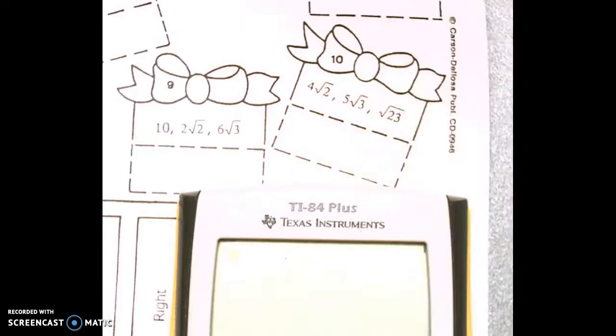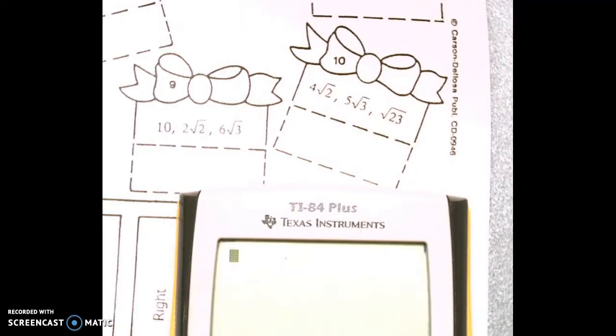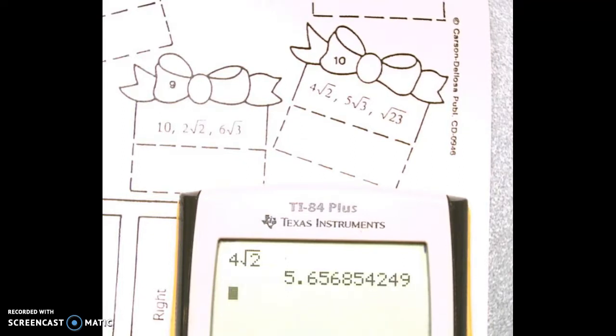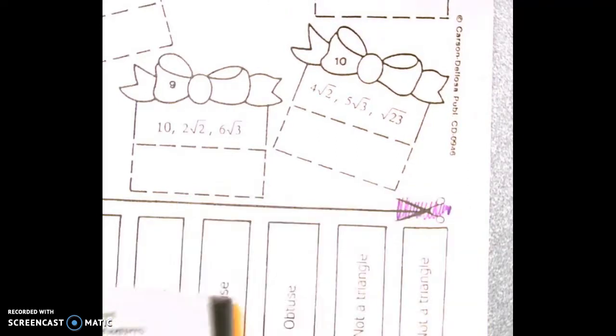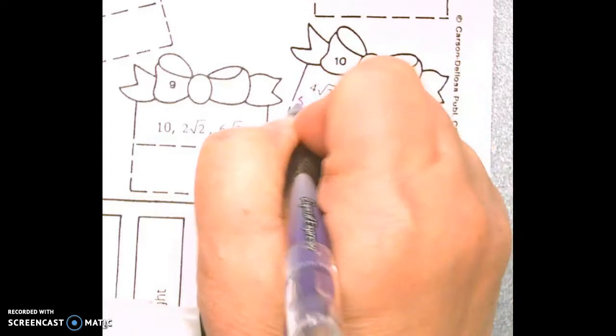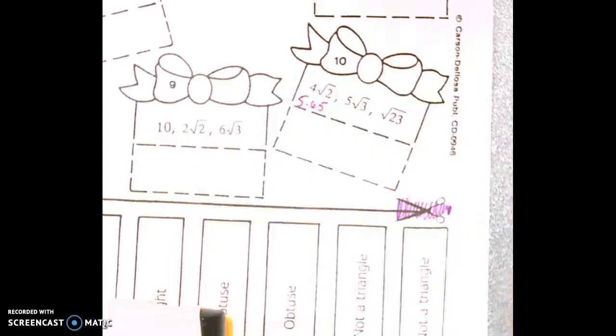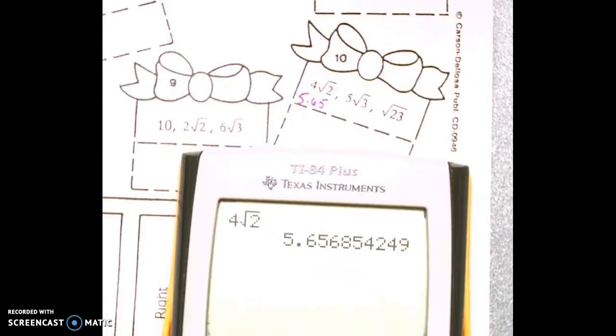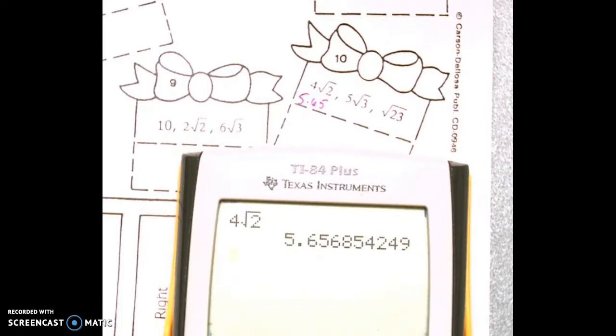I want to identify what is 4 square root 2. 4 square root 2, I get out of the square root sign by hitting that arrow button. So that number is about 5.65. I'm going to go ahead and write that down on my paper so I can keep track of it. That's only an approximation. I want to know what 5 square root 3 is.